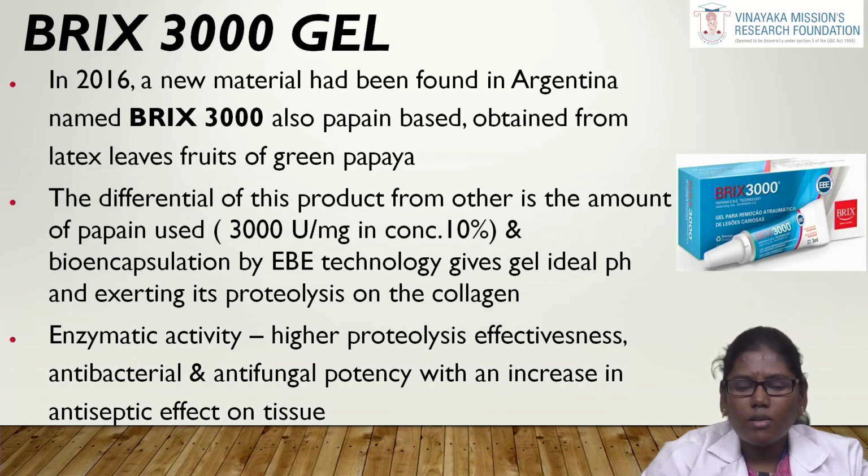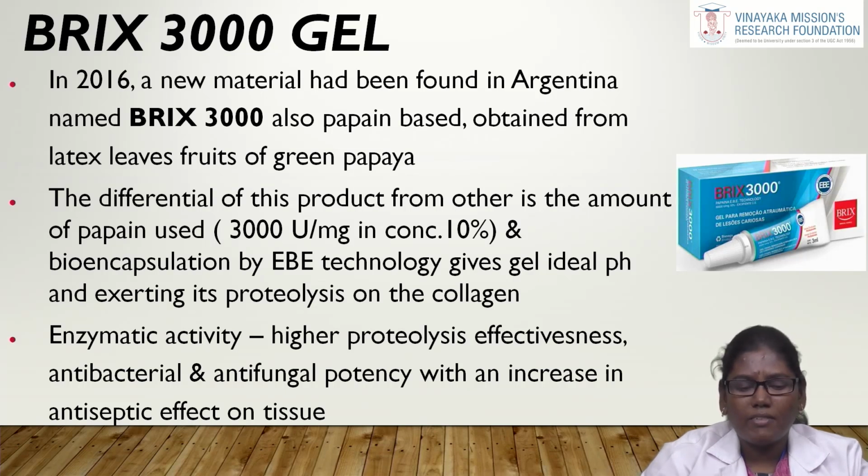The differential factor of this agent compared to other chemomechanical agents in the market is the amount of papain used, that is 300 units per mg with a concentration of 10%, and also it is a bio-encapsulation based technology by EBE technology. It is a bio-encapsulation based gel which gives the ideal pH for exerting its proteolysis action on the collagen.